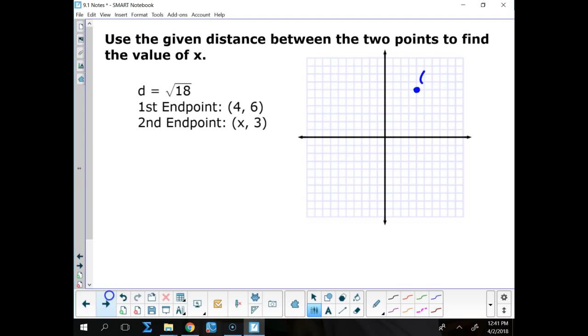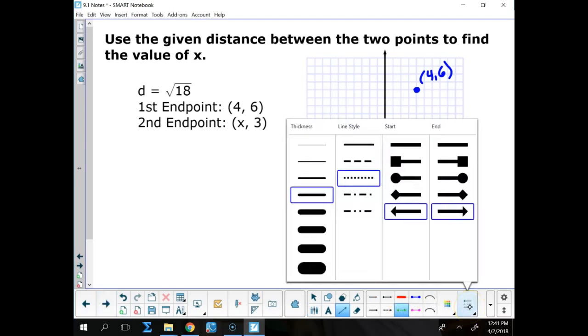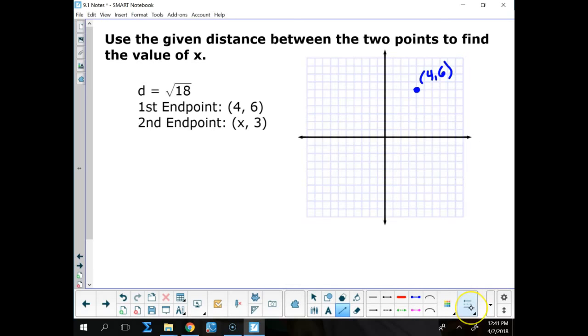Now, I don't know where that second point is. I know that it is somewhere on that green line, because it's got a y value of 3. And all those points on that green line have a y value of 3.